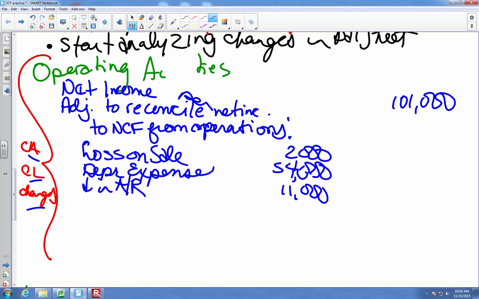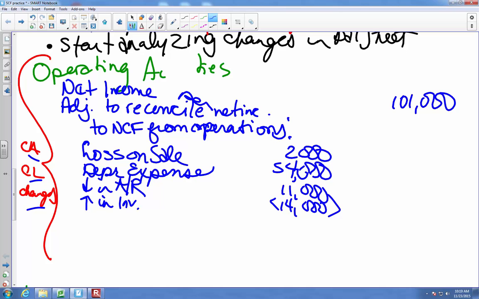Okay, Perry? Yeah, how come? Yep, so what do you have to do? You have to add it back. No, sorry, you have to subtract it. I bought more, but it didn't go through cost of goods sold yet. So it didn't impact my net income because it didn't go through cost of goods sold yet, but it did take cash.